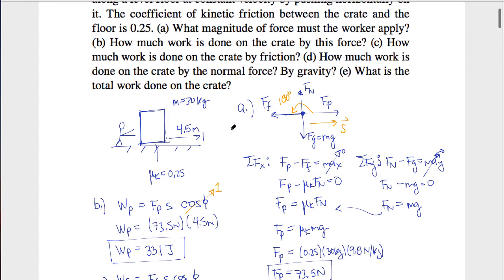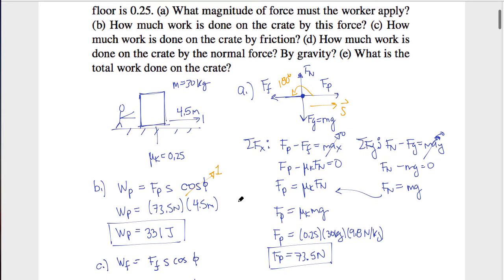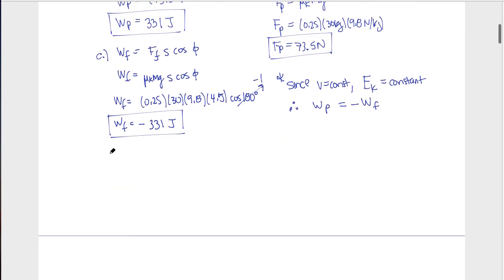Now D says how much work is done on the crate by the normal force and by gravity. So this is quite simple to address because the work done by gravity and the work done by the normal force will just be the force of gravity times displacement times the cosine of the angle between them, and this would be the normal force times displacement times the cosine of the angle between those.